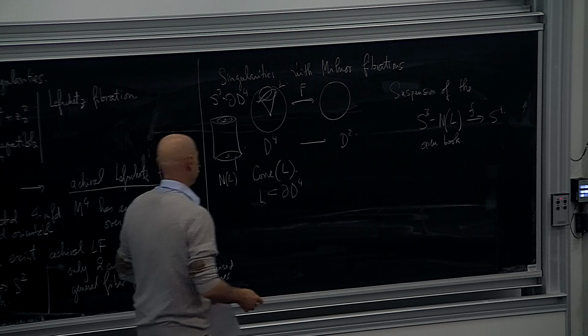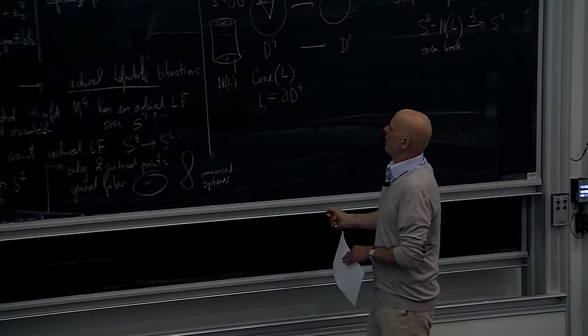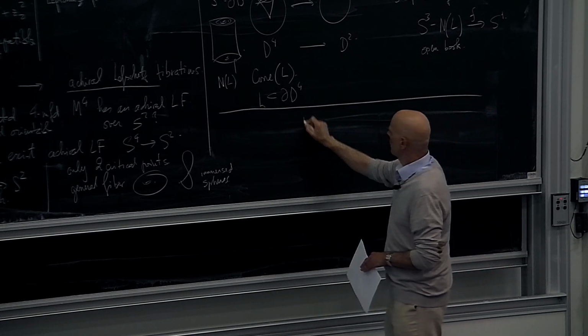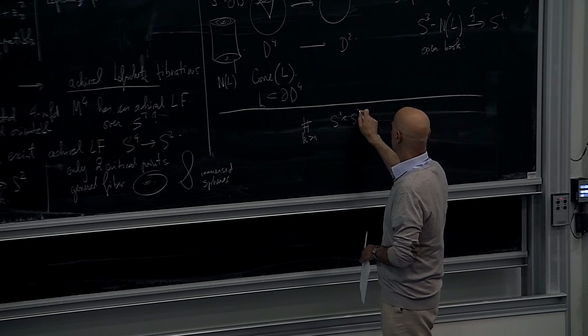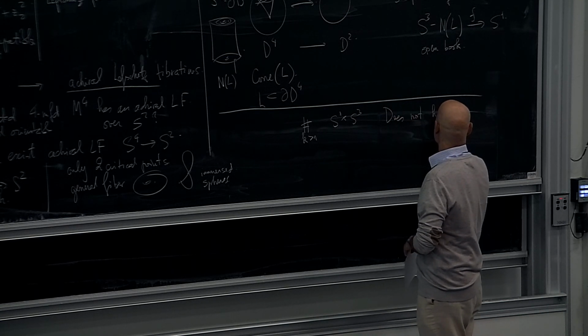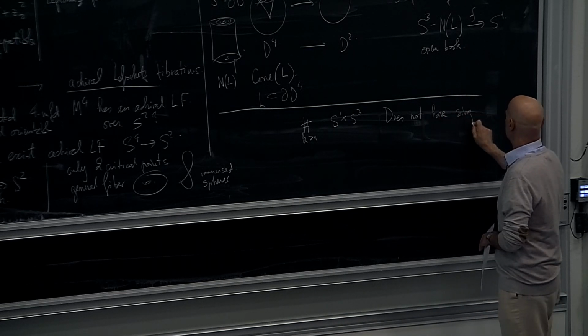Actually, what we can say is that not all four manifolds admit such singular fibrations. For instance, the connected sum of k, bigger than 1, copies of S1 times S3 does not have singular fibrations.